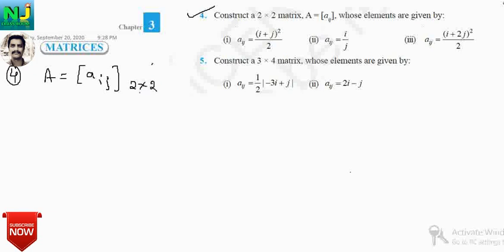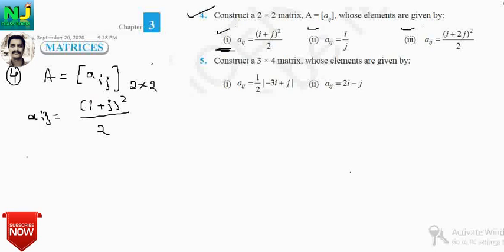There are 3 questions given, 1, 2, 3. Just in case, I am going to solve problem number 1 of the 4th question. That is Aij is equal to (i plus j) square divided by 2.